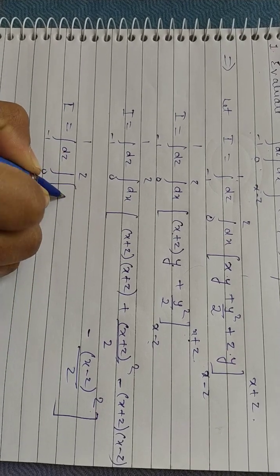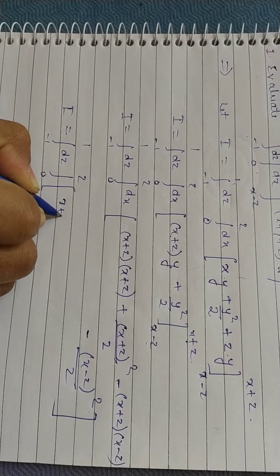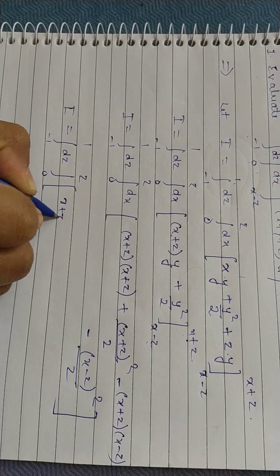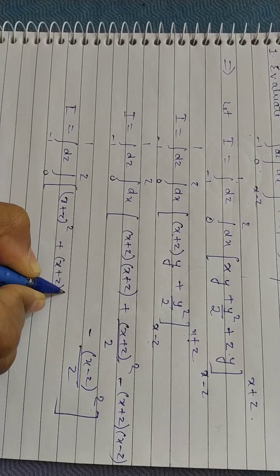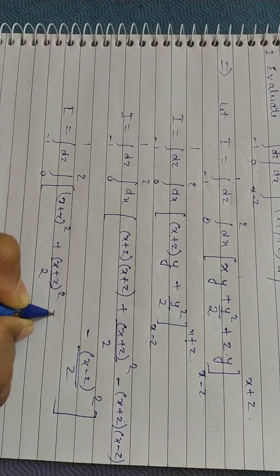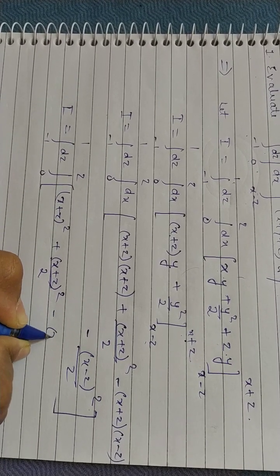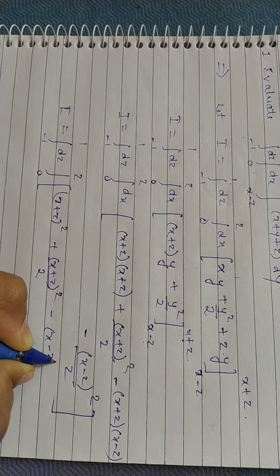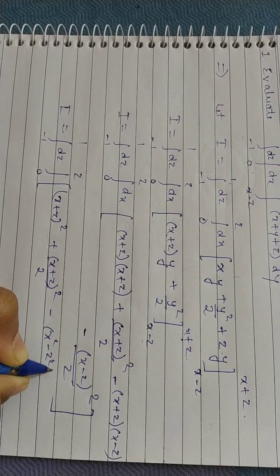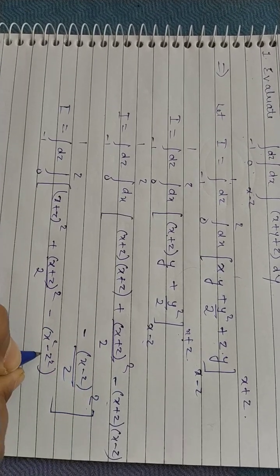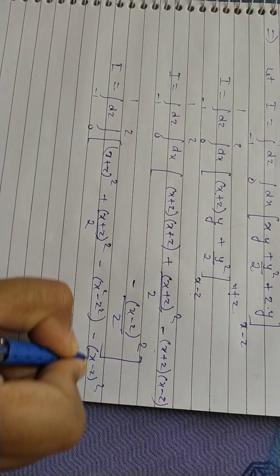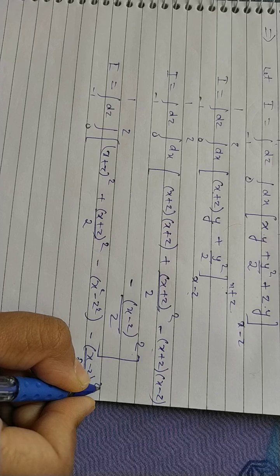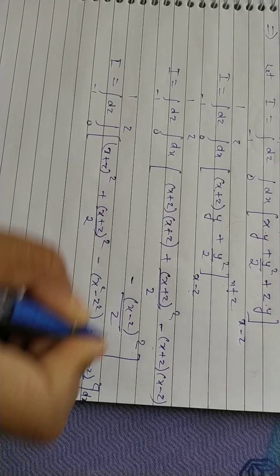This is (x plus z) square plus (x plus z) square upon 2, minus (x square minus z square), because (x plus z)(x minus z) is x square minus z square, minus (x minus z) square upon 2, with respect to x.